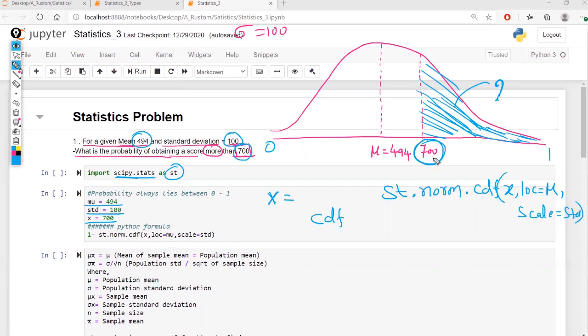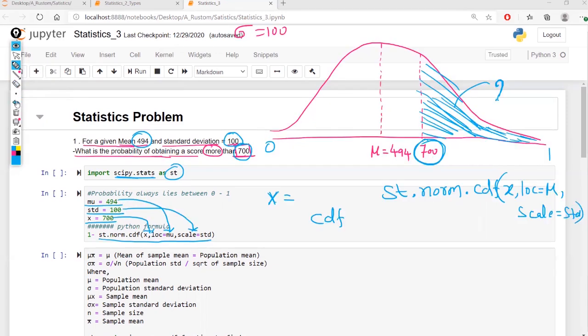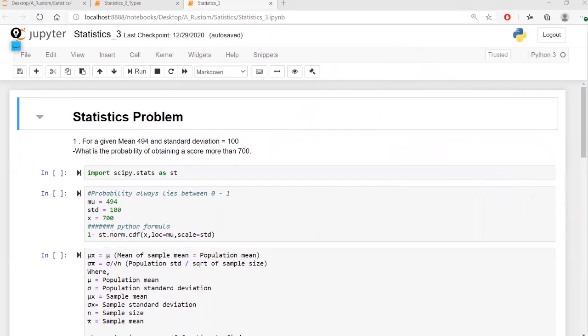We have x data, now I need to find the probability. So I will use this formula and just plug in all this data accordingly. Then I will be able to find the probability. So let's see how it is going to work. Let's close this.